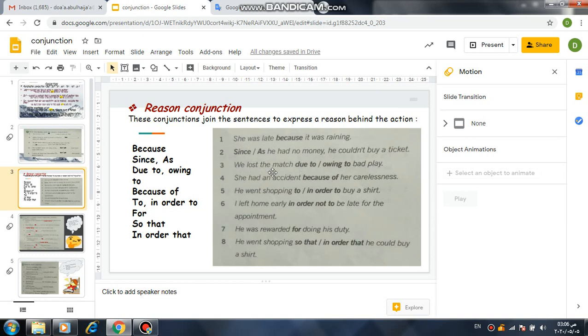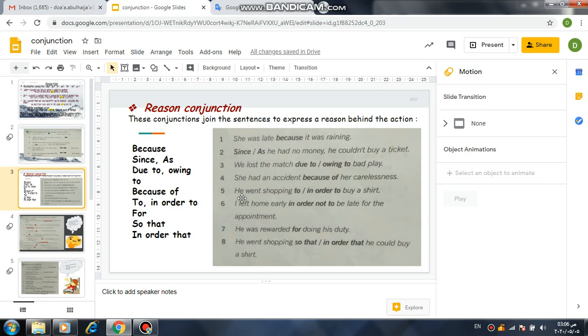The reason is bad play. She had an accident because of her carelessness. The reason is carelessness. So the action is she had an accident.